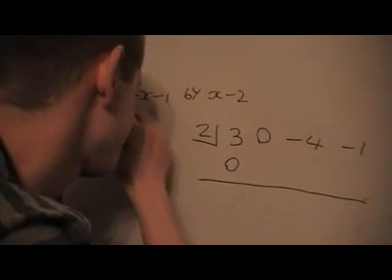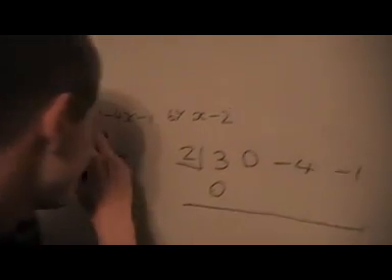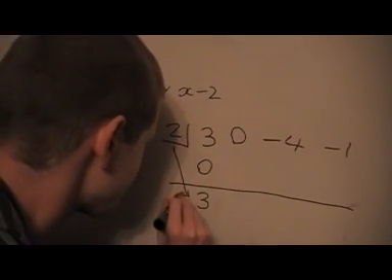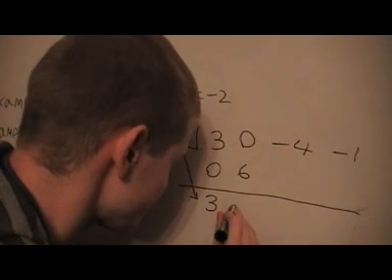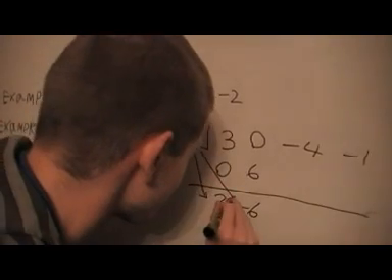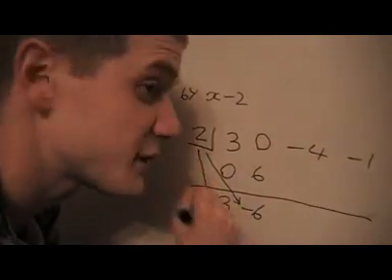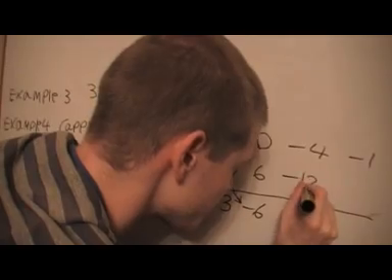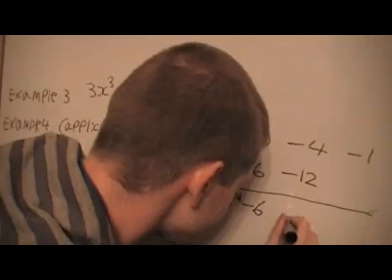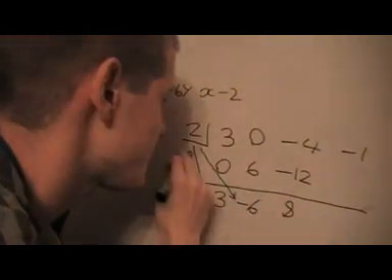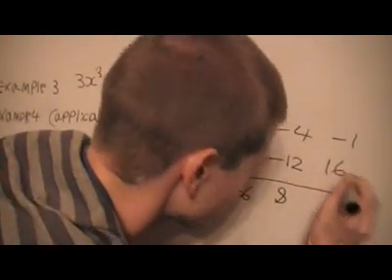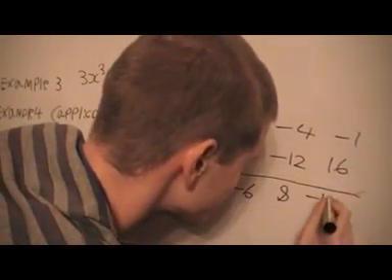And then, after that, what we'll get is, we get 3, and we'll multiply 6, take 6 away from 0, get minus 6, and then 2 times minus 6 is minus 12. Because we're taking away a minus, we'll add it, so we'll get 8 there. And we'll times 2 by 8, that's obviously going to be 16. I'm taking that away from 1, so we'll get minus 17 here.